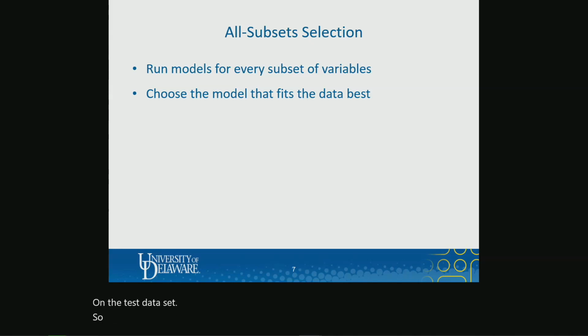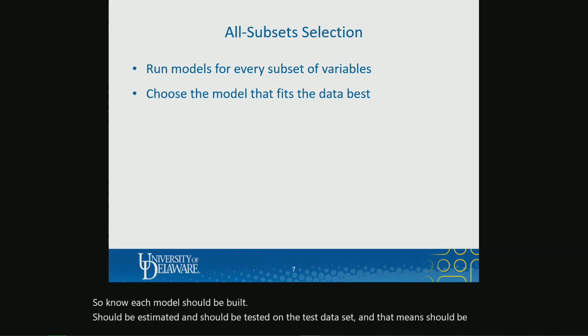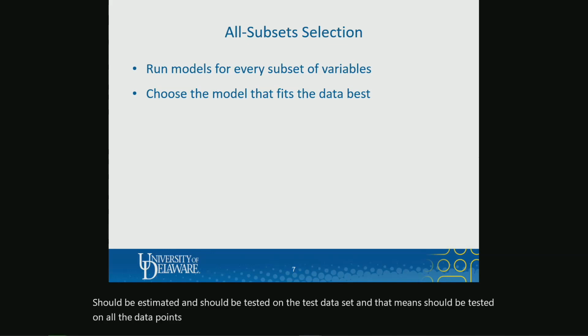Each model should be built, estimated, and tested on all the data points in the test data set, and you should calculate the errors, form the confusion matrix, and everything for each model. And let's say each model takes 1/1,000,000th of a second. You have a supercomputer or something.